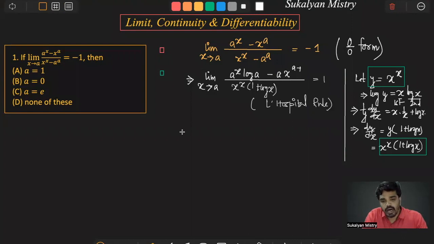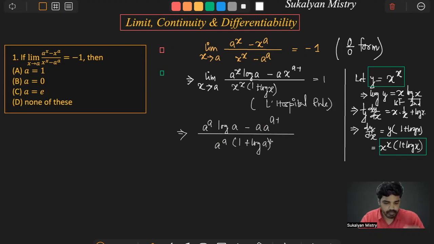Now put limit x tending to a, so just replace x by a. So a to the power a log a minus a into a to the power a minus 1, divided by a to the power a into 1 plus log a, so that equals 1.